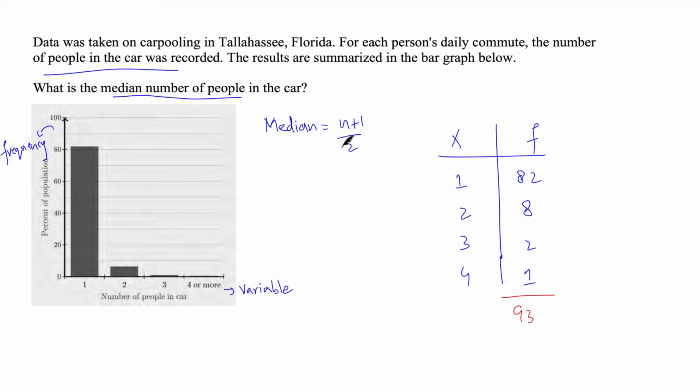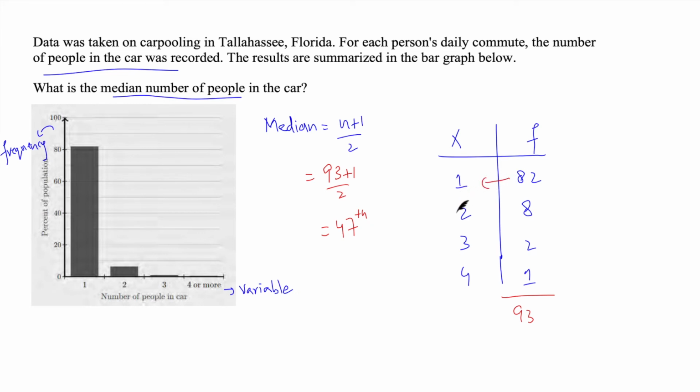Now let's apply the formula. n is the total number of items, that is 93. 93 plus 1 divided by 2 is 47. So the 47th value will give us the median. Where does the 47th value lie? It lies here, and the 47th value corresponds to number 1.